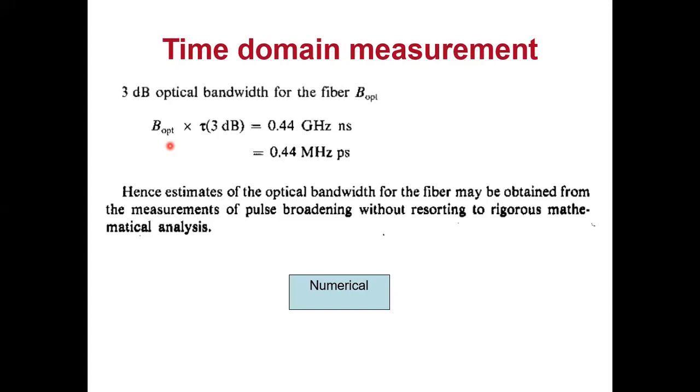Another important aspect is they will definitely tell you at what wavelength. Usually the first optical window we don't transmit in; we transmit at the second or the third optical window, so either 1330 nanometer or 1550 nanometer. If we are using wavelength division multiplexing, I need to transmit at 1550 nanometers.